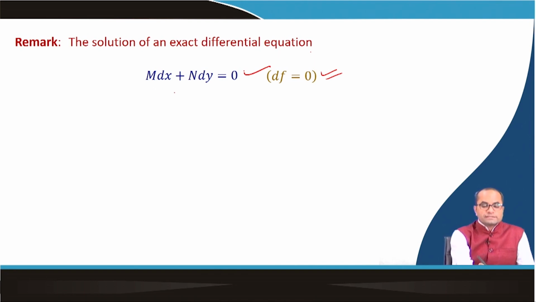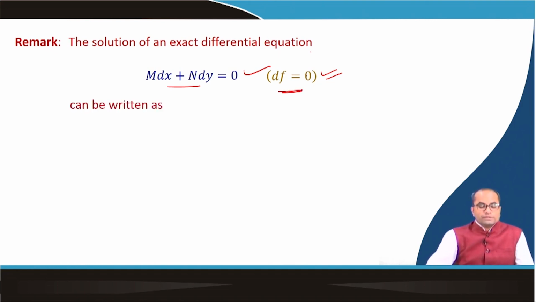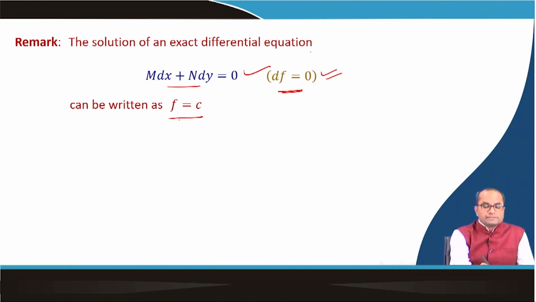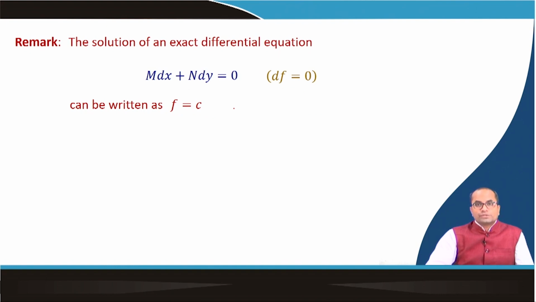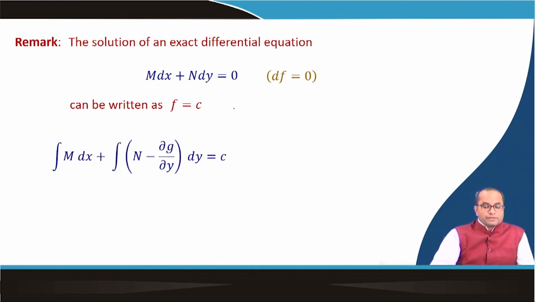As I discussed at the beginning also, if the equation is exact, we can write df is equal to 0, and then the solution is simply f is equal to some constant, because we are just integrating this. So, df is just a constant there. So, f is equal to c, that will be the solution of the differential equation df is equal to 0.